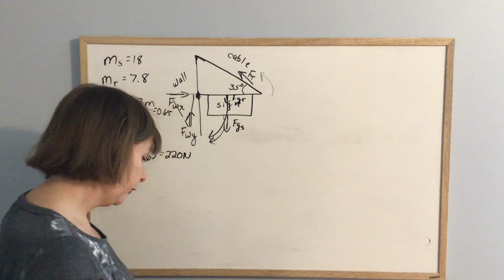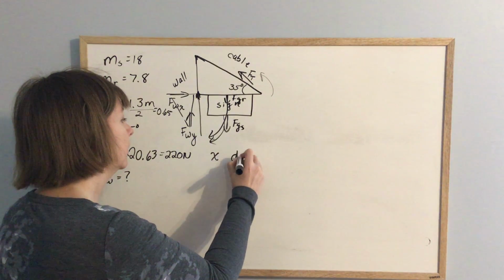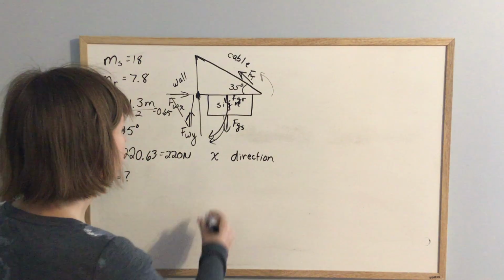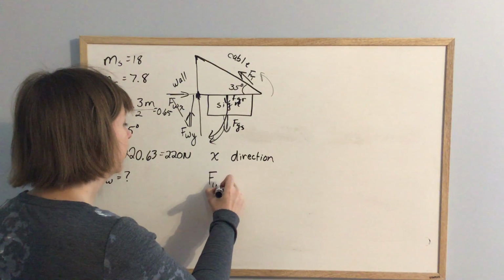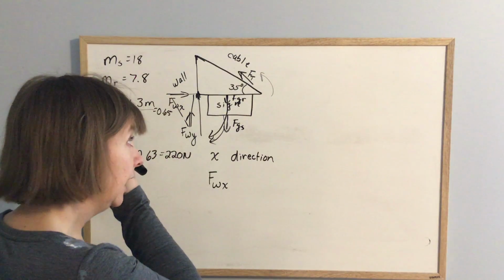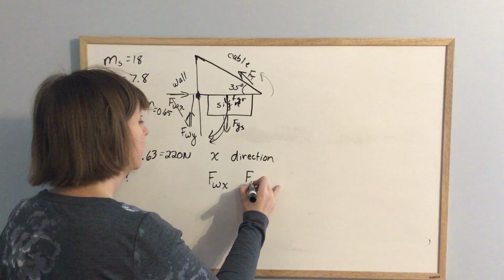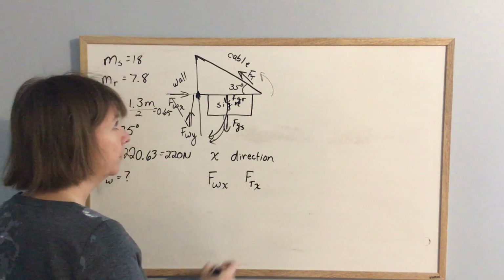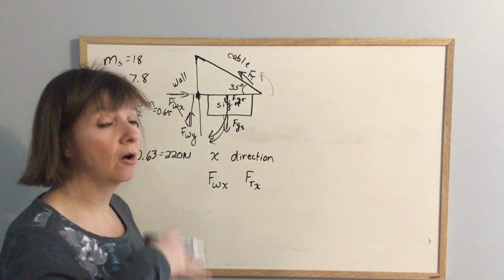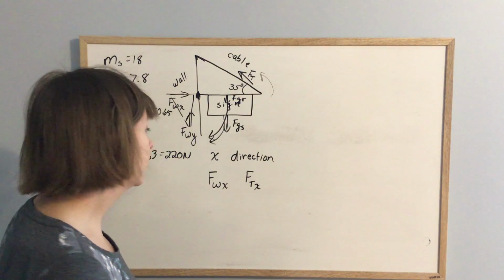Because it is broken up into components, we're going to have to figure out what each component is, and then we can use the Pythagorean theorem to figure out the total. So, first off, we're going to look at the x direction forces. There's actually only two of them. There is the force of the wall in the x direction, which we will make positive because it's going that way. And the other one is the force of tension, the x component, because that force of tension is going at an angle, so I can resolve that into an x component and a y component.